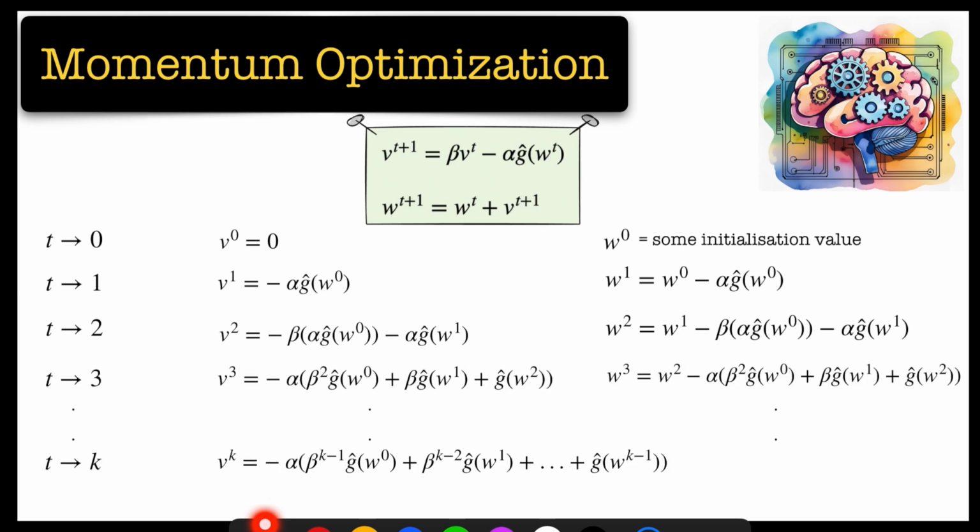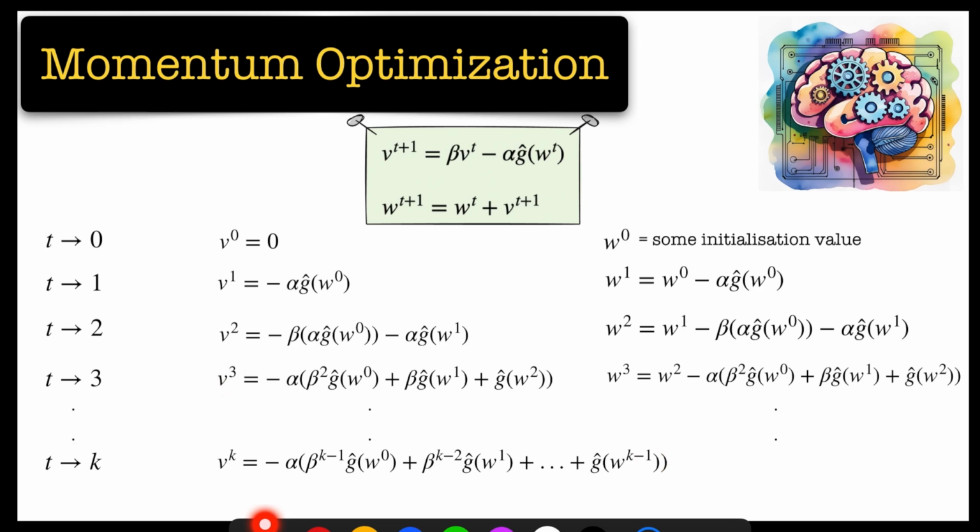If not, let's look at the next slide. We calculated till here: V3 is something like that, minus alpha and this. If we just keep on doing this, at the kth iteration we'll get Vk equals minus alpha times beta power k minus 1 G hat W0 plus beta power k minus 2 G hat W1, till G hat Wk minus 1.